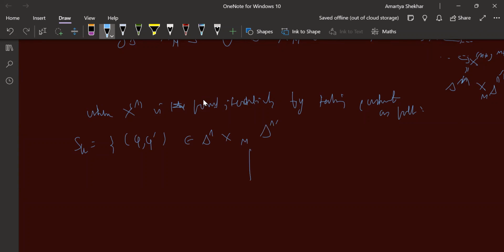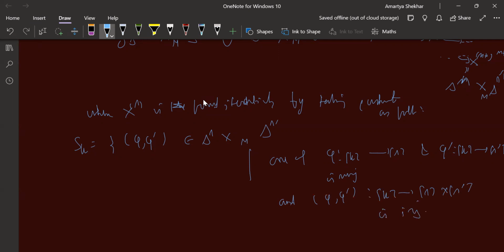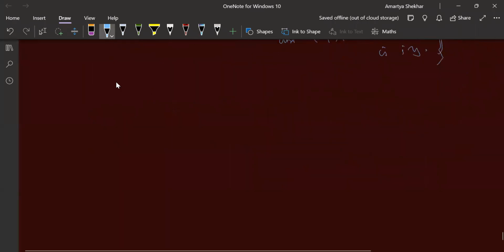One of these maps is surjective, and this is an injection, right? So this is my case, and you take pushouts of the following form.